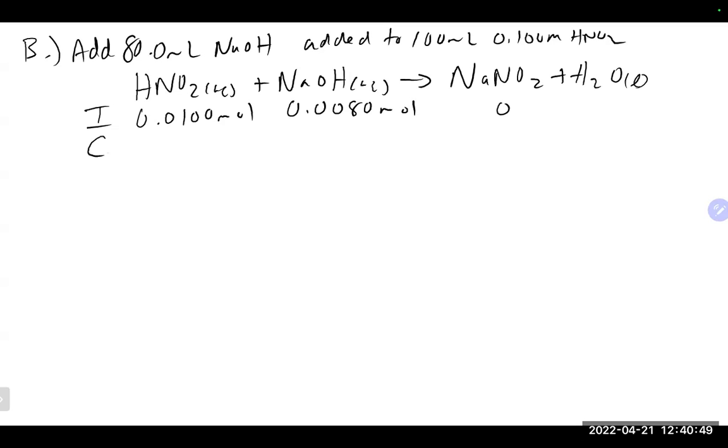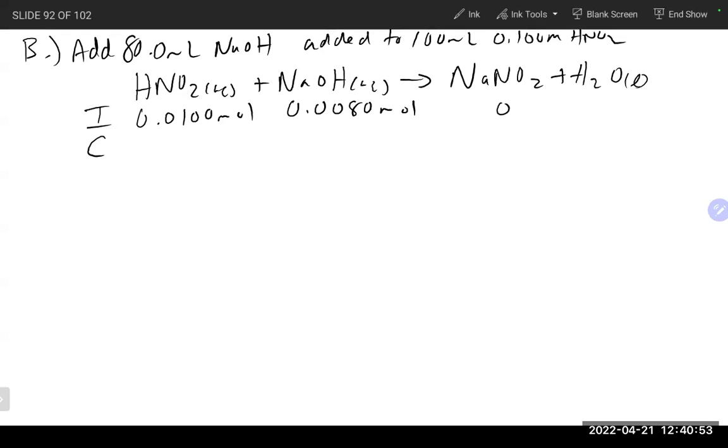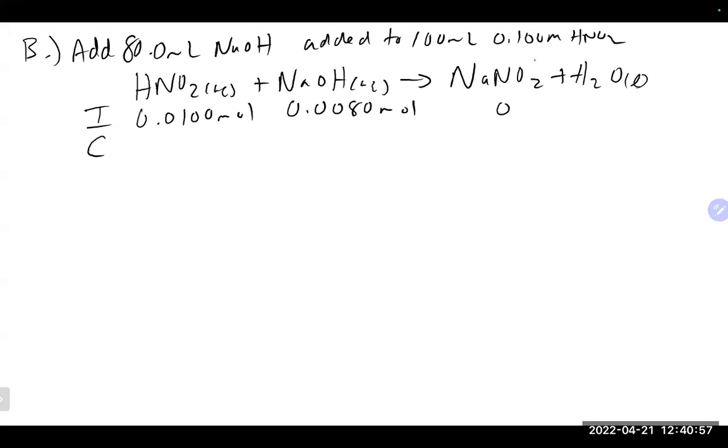If we're not sure where we're at, we could again use our ice table to help us decide that. Am I before, at, or after the equivalence point in this case? Before. Even though the question says equivalence point next, that helps you as well. A reminder that we are starting with this, we are adding this, and we have fewer moles of what we're adding.